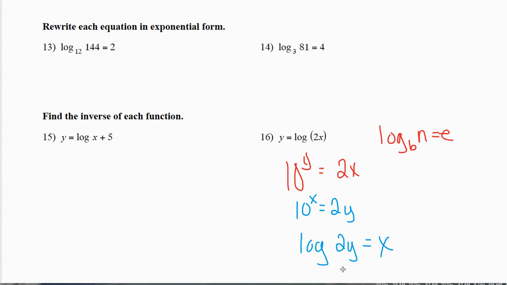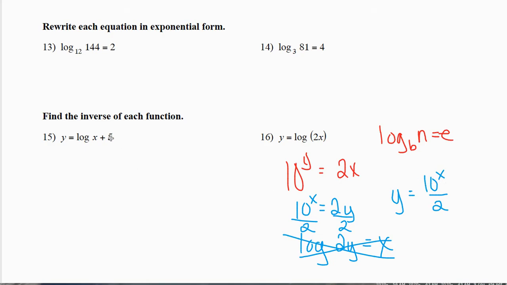But we have to rewrite it in a way so that it's y equals, which is why this is a problem, because it doesn't say y equals here. So what I'm going to do is actually go back to this, divide both sides by 2, and guess what? I do have it. So it is actually equal to y equals 10^x divided by 2. That is the inverse function.